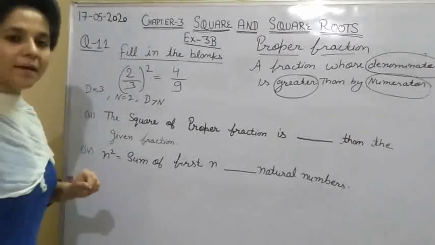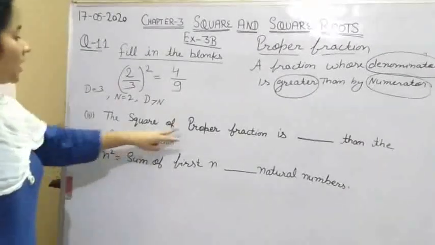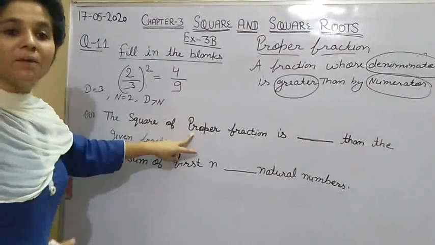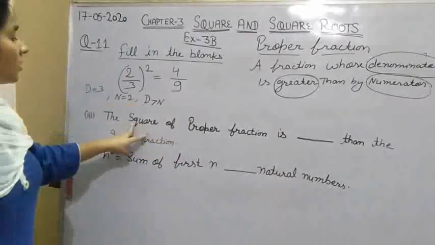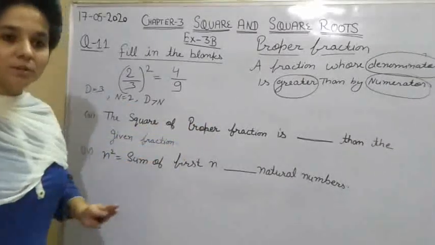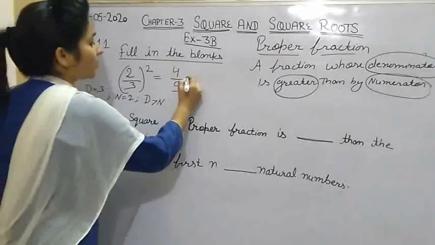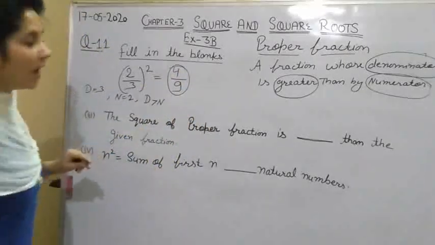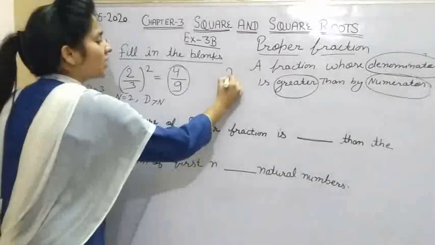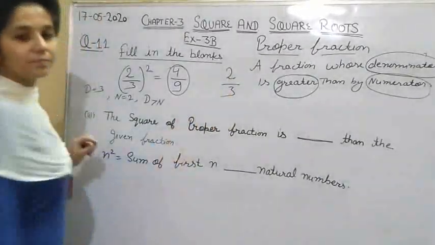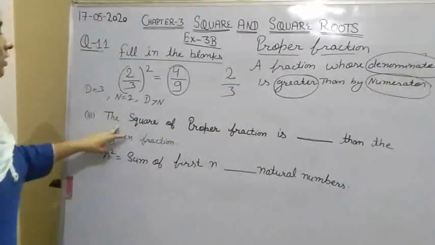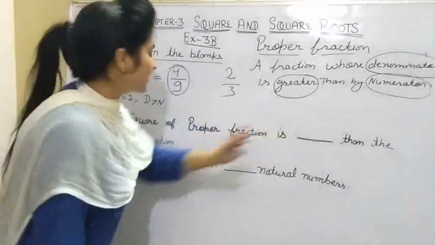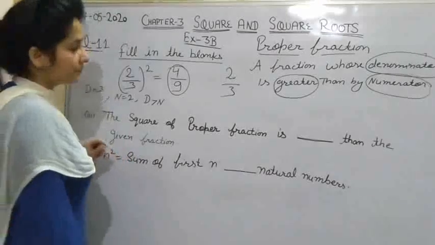According to the property of the perfect square, the square of a proper fraction is 4 by 9. And the given fraction is 2 by 3.